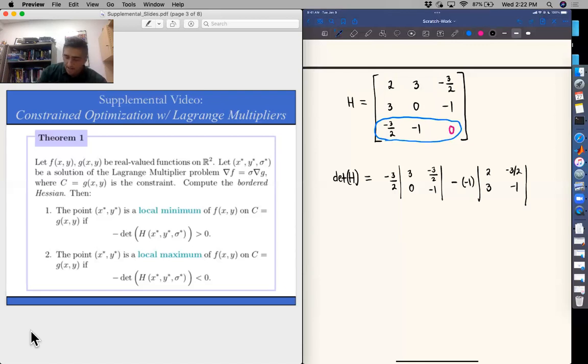All right, so let's go ahead and compute this determinant. So we have -3/2, all times 3 times -1 minus a -3/2 times 0. And then we get a +1 times the determinant of its 2 by 2, which is 2 times a -1 minus a -3/2 all times 3.